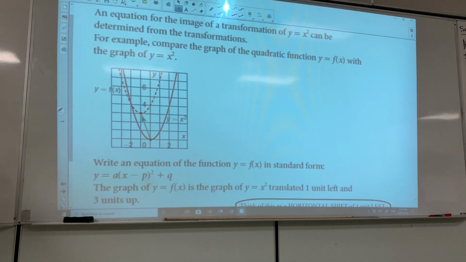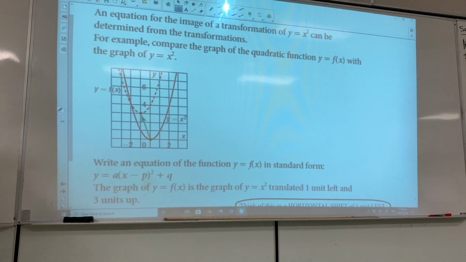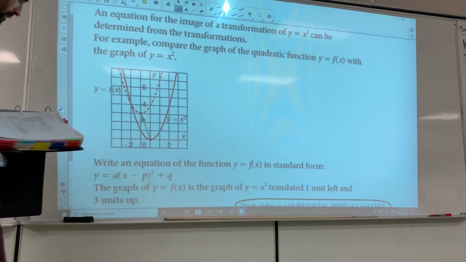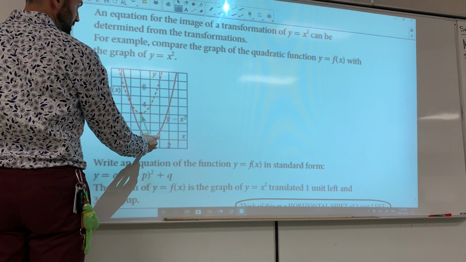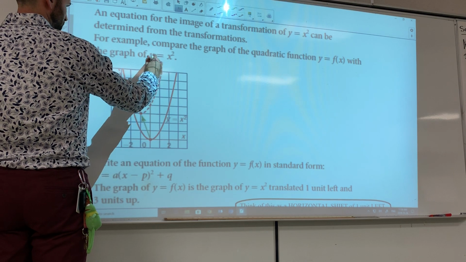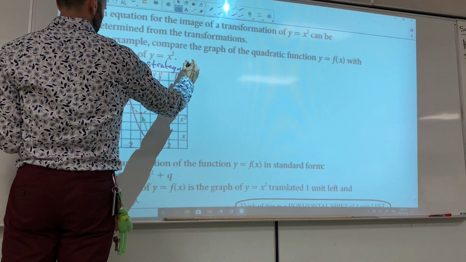And what we're going to start looking at is, hey, what's the equation of the new graph? Let's see if we can track, say, the vertex. So a good strategy is to track the vertex.